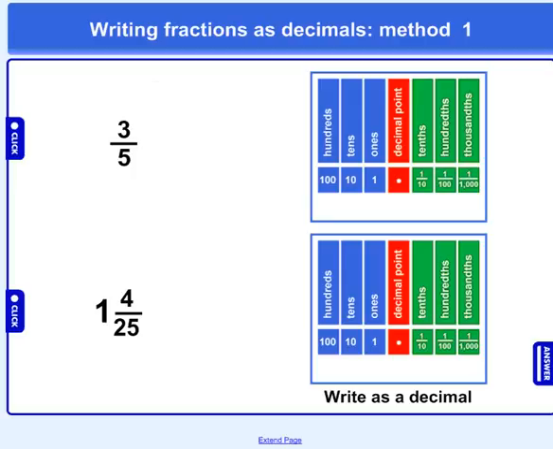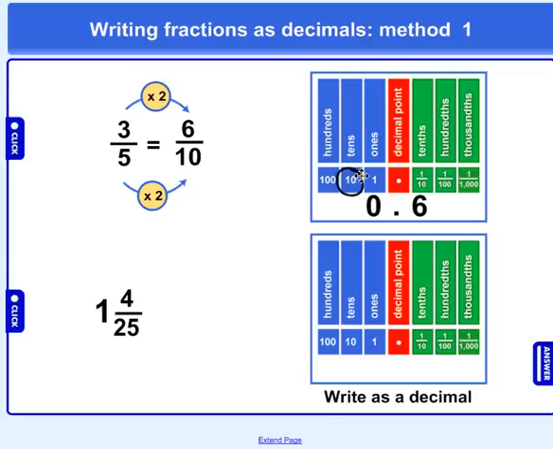Okay, so let's try that a couple times. So in this one, we have 3/5. Remember, the first thing you're going to do is try to convert the denominator into a power of 10. And I can see that 5 can be converted to 10 by multiplying by 2. If I multiply the numerator and the denominator both by 2, I get 6 tenths. 6 tenths, written as a decimal, is 0.6.